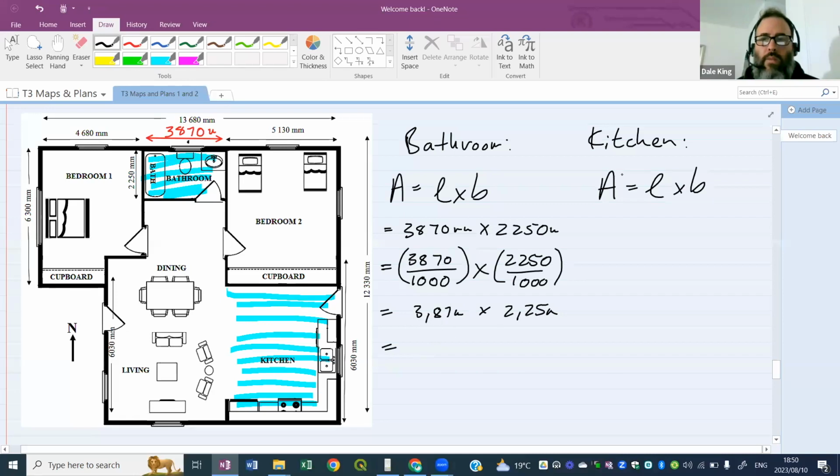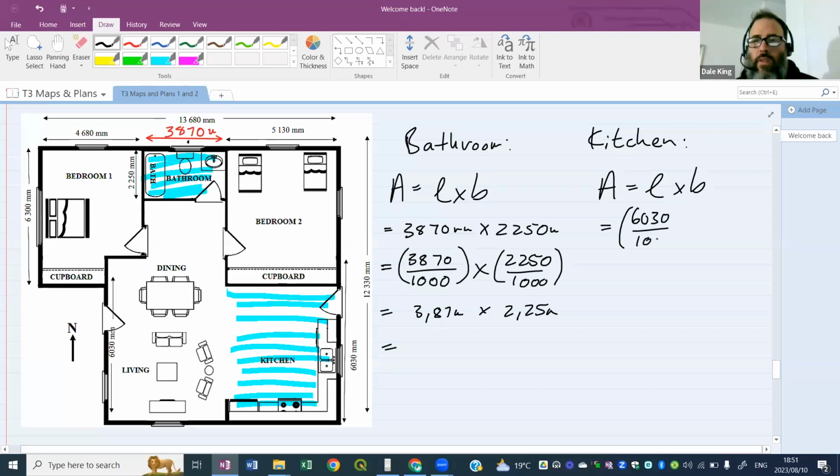All right, I'm going to get the answer now. You can tell me the answer, but what about the kitchen? You're going to say 6,030 millimeters times 5,130 millimeters. That dimension looks a bit skewed, but I think you're right. I think we must use the 6.03. The millimeters need to be converted.